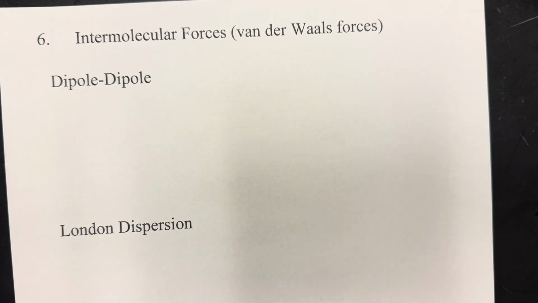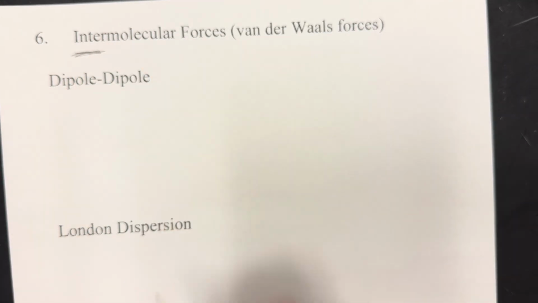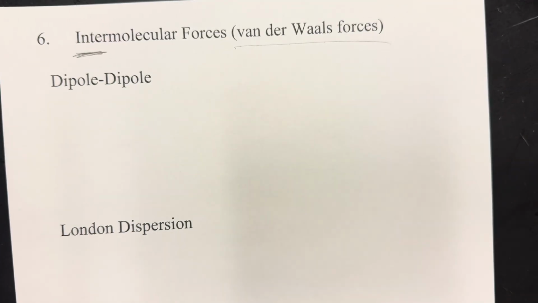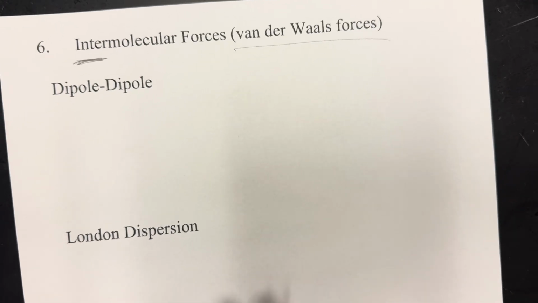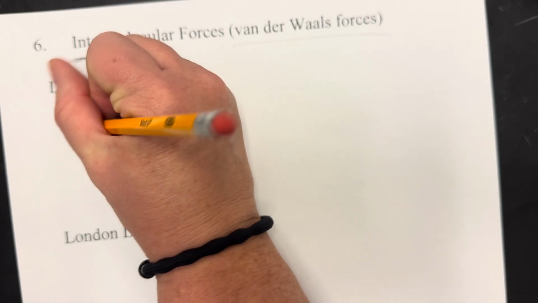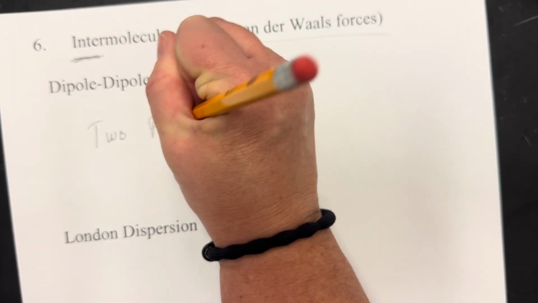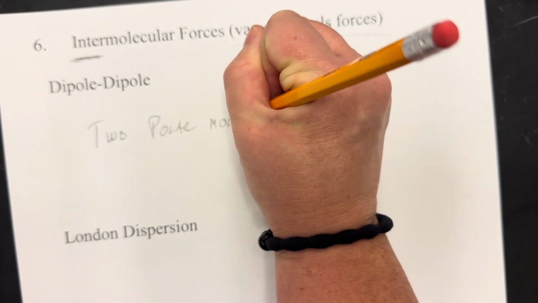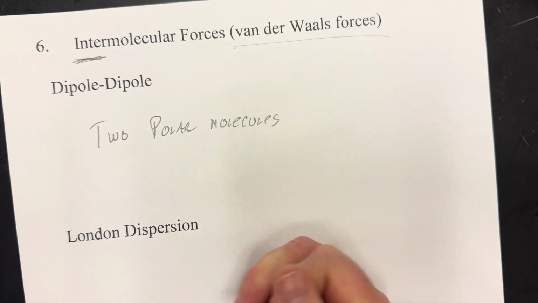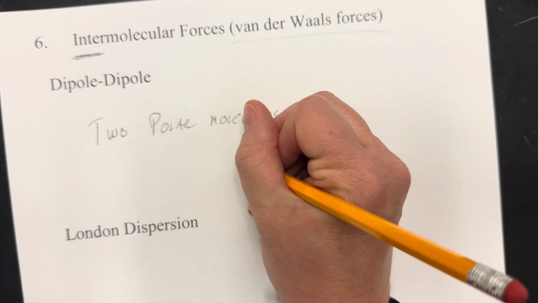Now that we've talked about the bonds, what we want to talk about are the forces that hold one molecule to another molecule. These are called intermolecular forces, also known as van der Waals forces. Dipole is between 2 polar molecules, and it is that attraction between the partially charged sides.